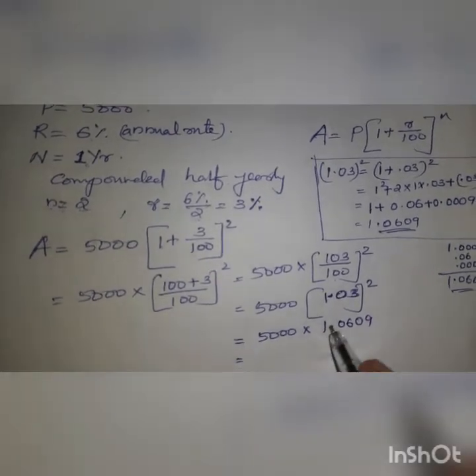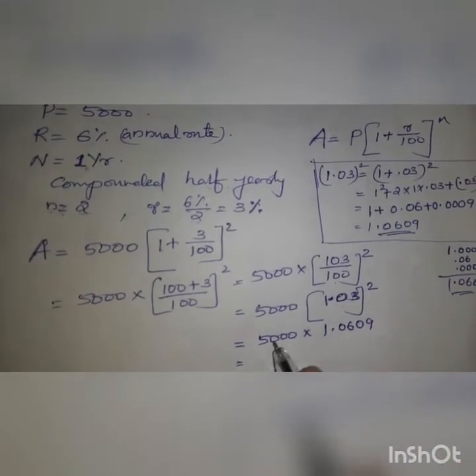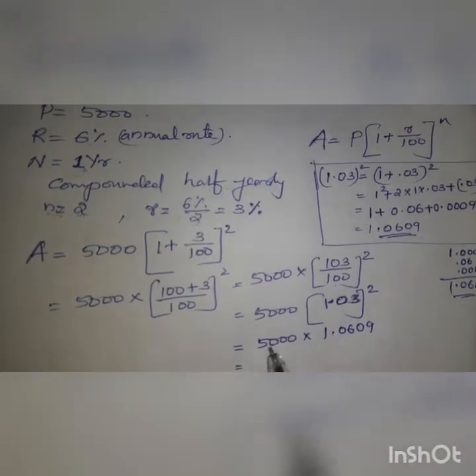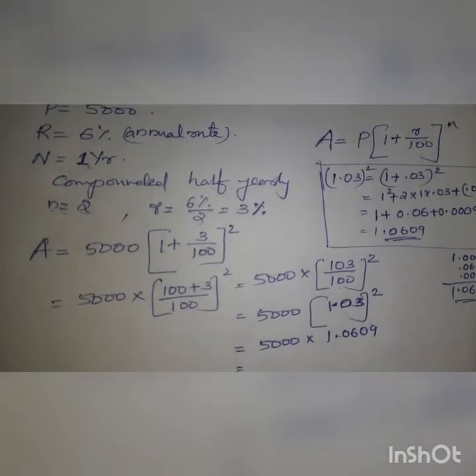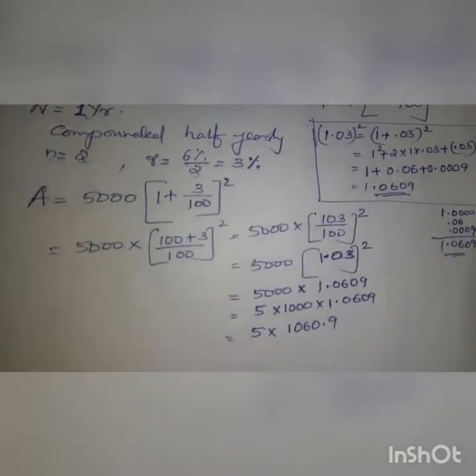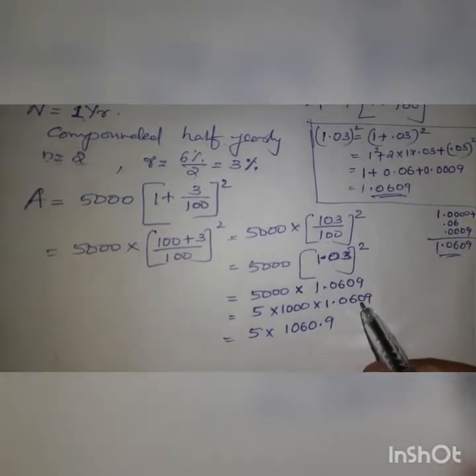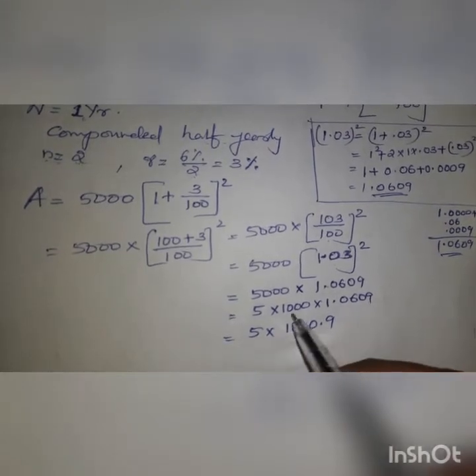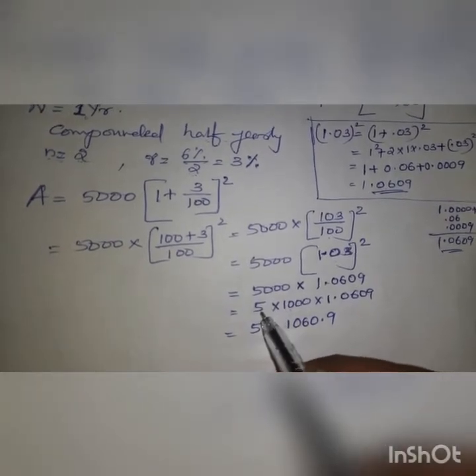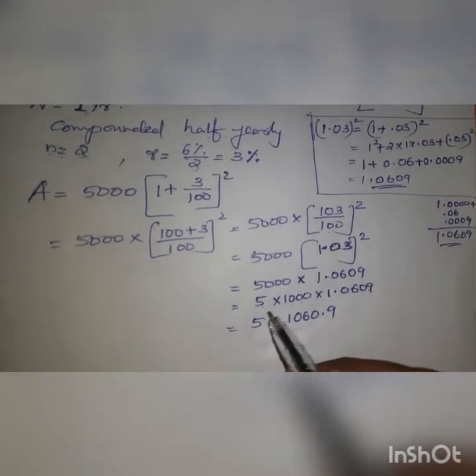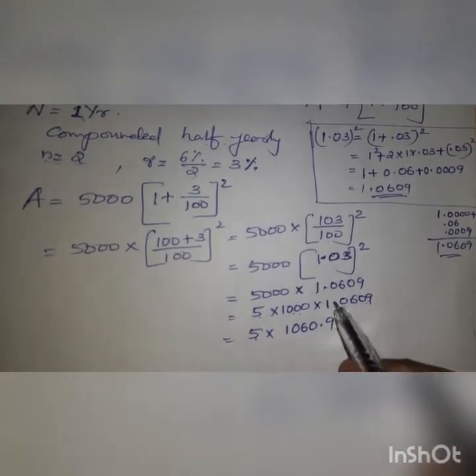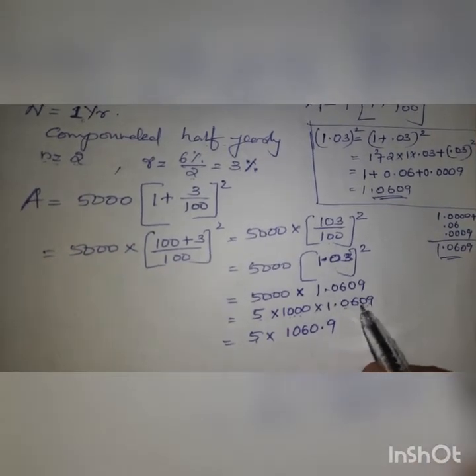We can split 5,000 as 5 into 1,000. If you multiply 1,000 into 1.0609, you can remove the 3 decimals.